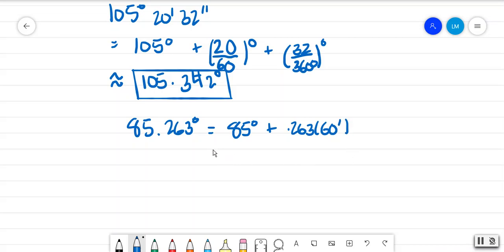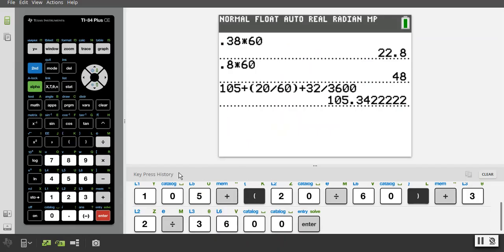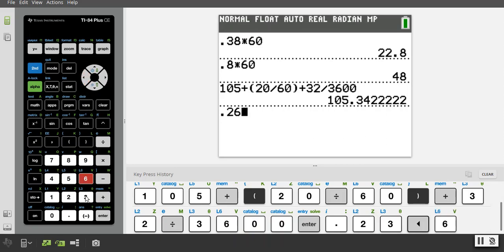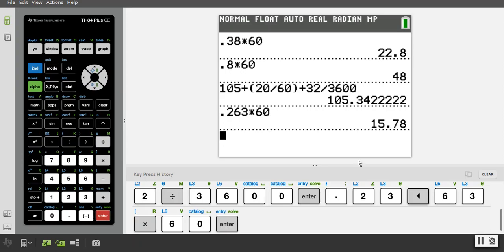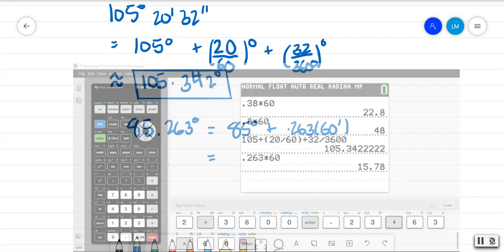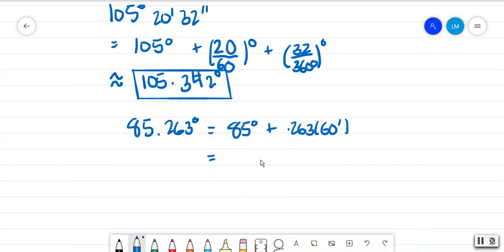That gives you 15.78 minutes. So I'm going to put 85 degrees plus 15 minutes and then plus 0.78 multiplied by 60 seconds.